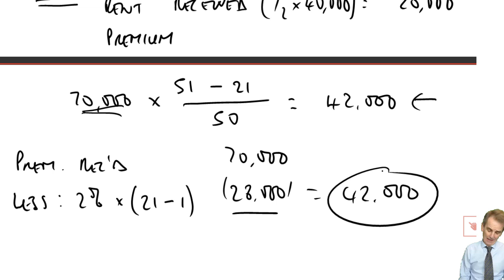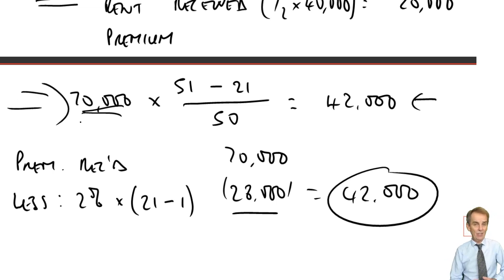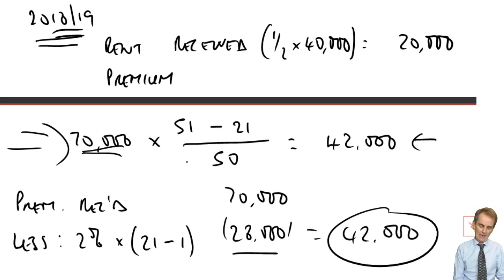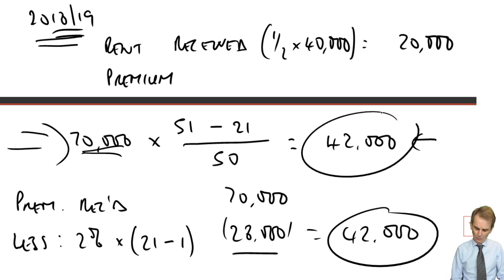It doesn't matter. This, again, straight to it formula is what I recommend. But if you see either of those, either is acceptable. Obviously, if it's an objective testing question, they're not looking at your workings anyway. It's just what is the right number. Have you picked that figure out? Now, again, be careful. If the question has asked for, in 2018-19, what is the taxable part of the premium received, that is the £42,000 that we have there.